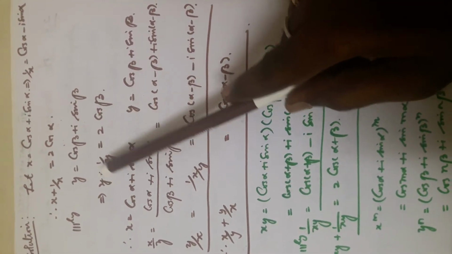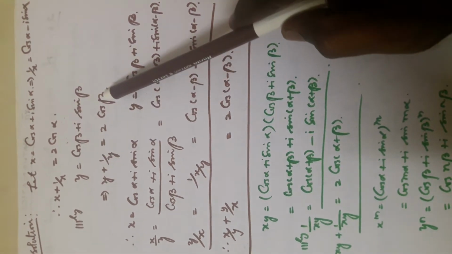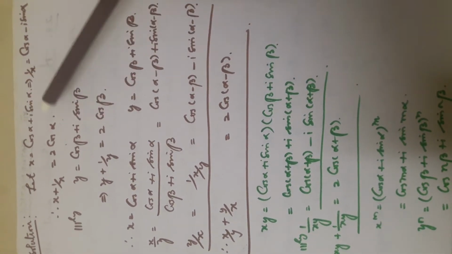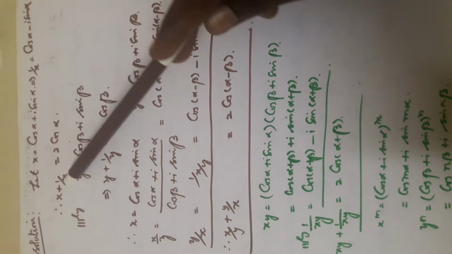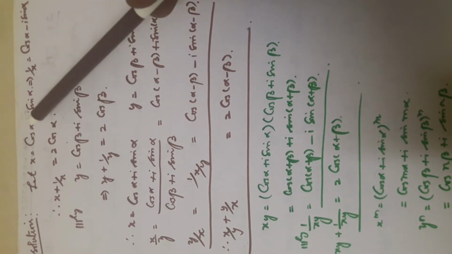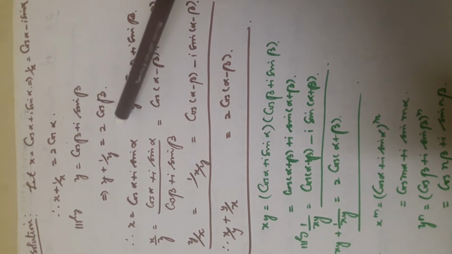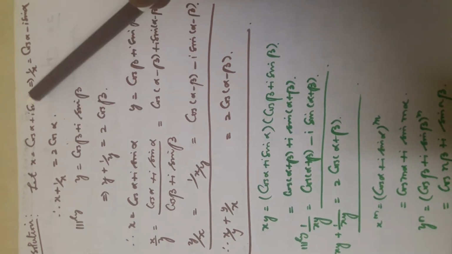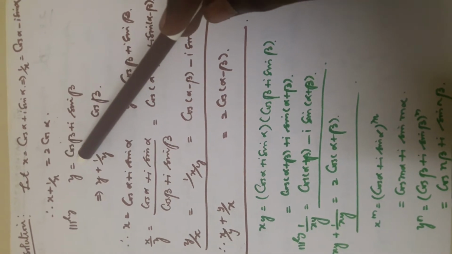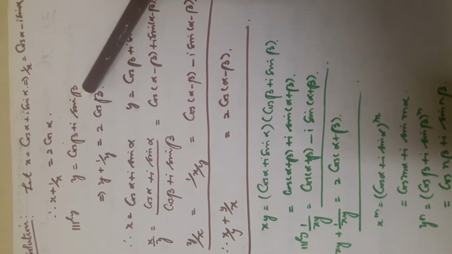That implies y plus 1 by y equals 2 cos beta. I have taken it in reverse order; actually, we have to find the x value from the equation. So if I take x equal to cos alpha plus i sin alpha, you can prove the equations. So the x value is cos alpha plus i sin alpha, similarly the y value is cos beta plus i sin beta.